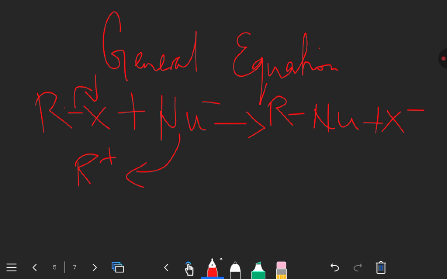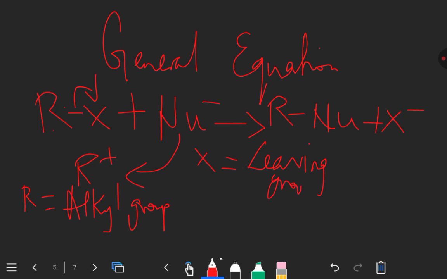One thing we need to understand here is that this R group can be an alkyl group. The X can be a leaving group, and this leaving group can be a halogen, for example a chloride, a bromide, or an iodide.